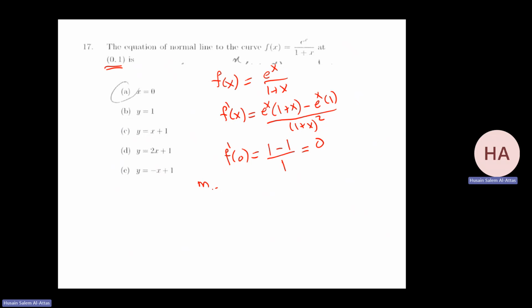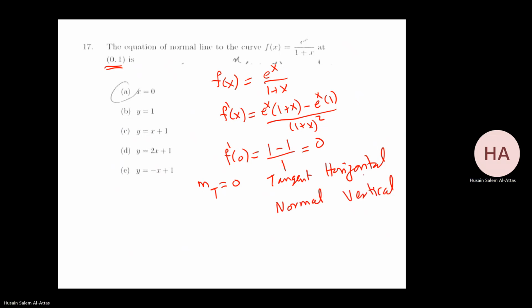So the slope of the tangent is 0. So the tangent is horizontal. So what will be the normal? It will be vertical, passing through this point. So it's the equation of a vertical line passing through this point: x equals 0. That will be the answer.